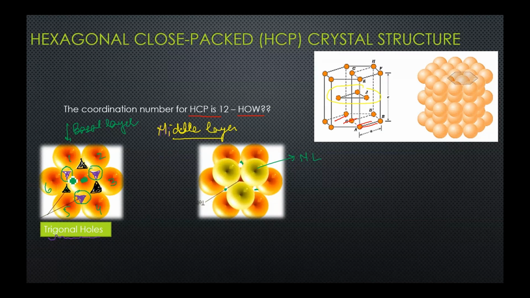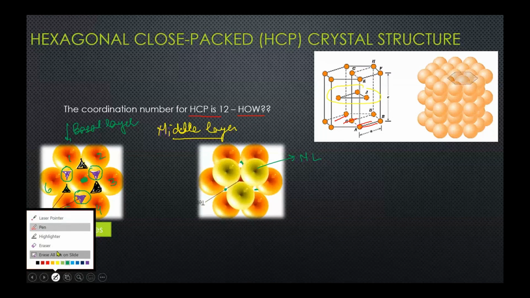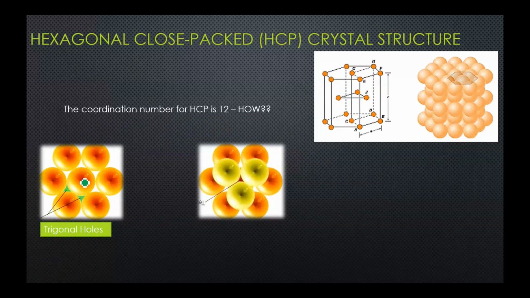They have occupied a space in which the cavities are facing downwards, or trigonal holes in which the vertex is facing downwards. Now, if I look at the basal layer, this central atom in the basal layer, how many atoms are in contact with this atom in the basal layer?